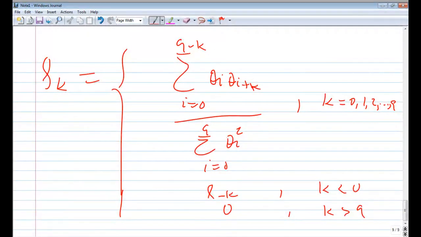Thereafter, we are going to deal with the autoregressive processes. None. Okay. Let me just go to the next page.